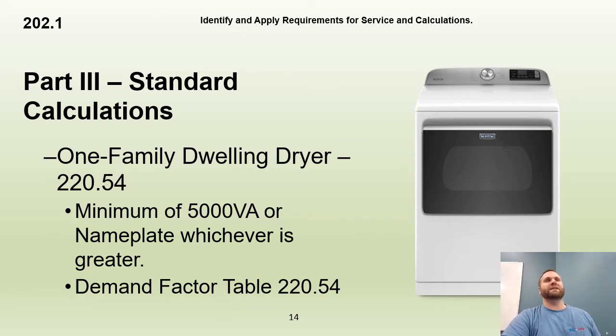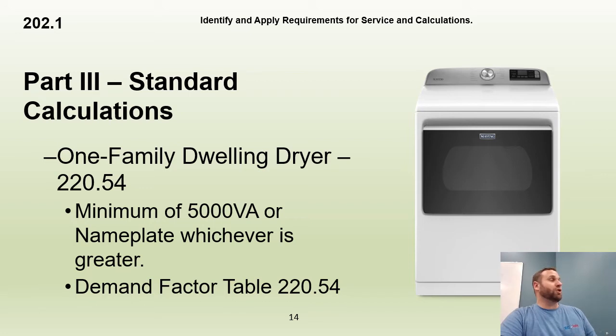So the likeliness of having more than 4 dryers in one house is very limited. Not impossible, but it's limited. Very small chance of that happening. So at this point, I just take it at 100%, minimum 5,000 or the nameplate, whichever is greater. And I add that to my service calculation.